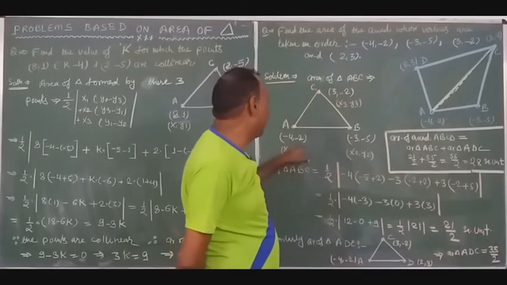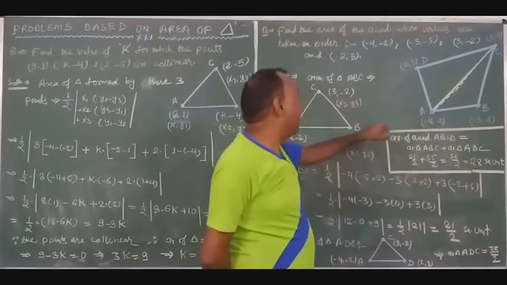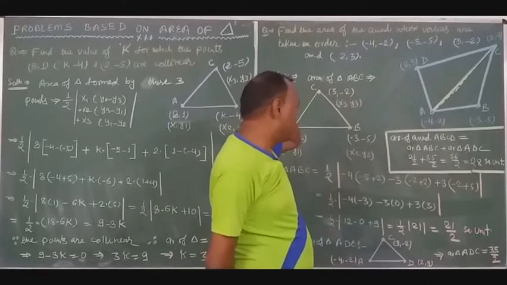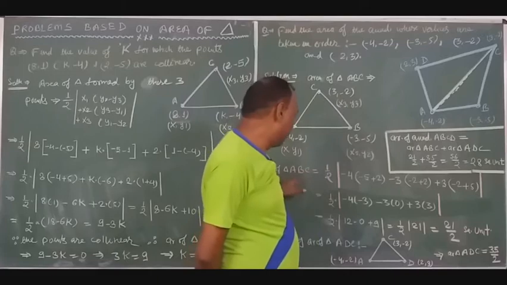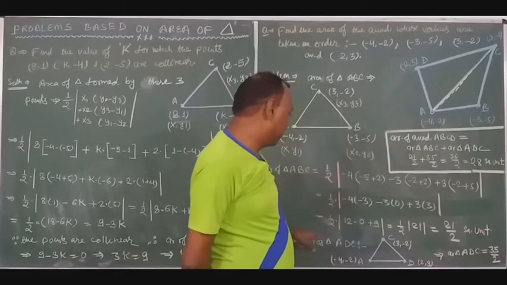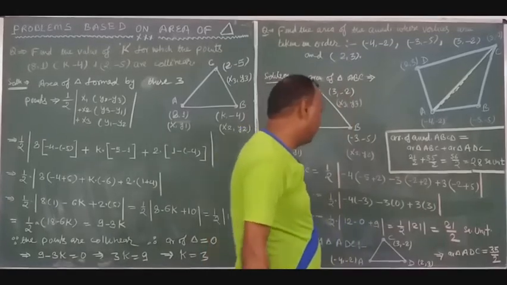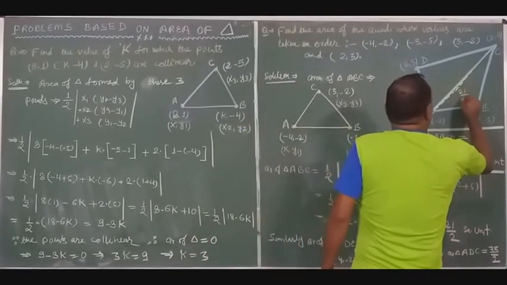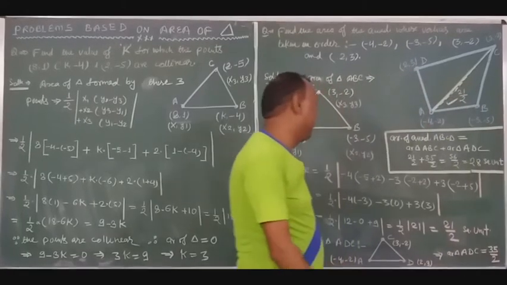This is vertex A (-4, -2), (-3, -5) is vertex B, and (3, -2) is vertex C. Now just use the formula for the area of the triangle. We will solve in this way, and we will get 21/2 as the area of triangle ABC.